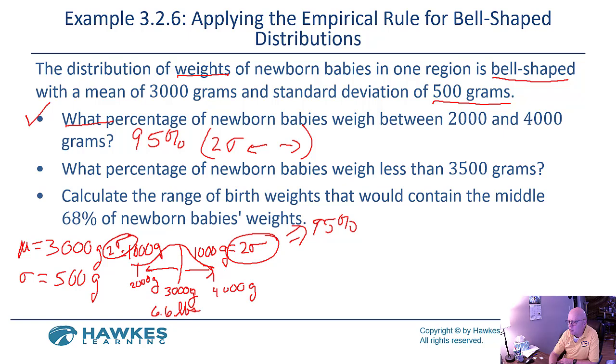What percentage of newborn babies weigh less than 3,500 grams? Well, again, we'll draw a picture. Not a very good picture apparently, but we'll stick with it. Our 3,000 grams is right in the middle. And we're interested in something about 3,500.